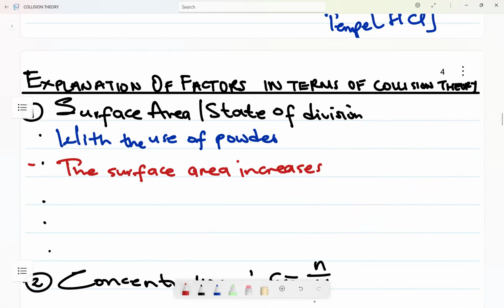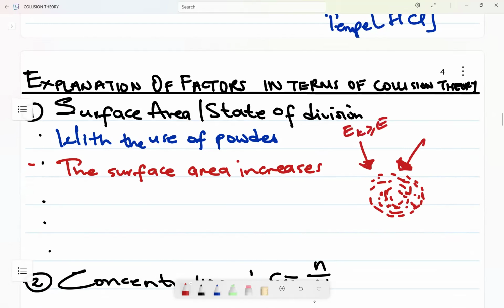Again, I want you to take note of something. If this is the surface area that has increased, can you see now there will be more effective collisions here? But which part of the effective collision will happen? Remember, for an effective collision to happen, we need kinetic energy greater than or equal to Ea, or we need the correct orientation.